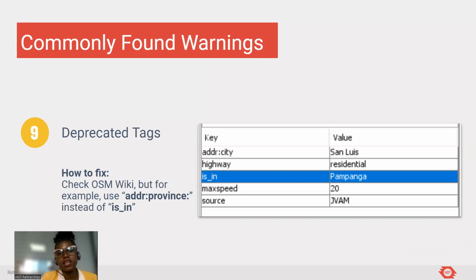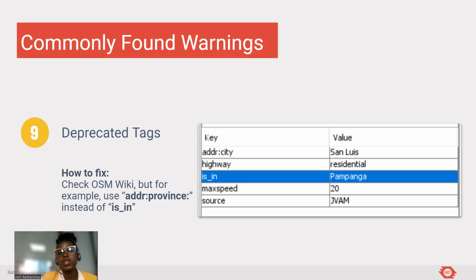What deprecated tag implies is that OSM does not know that tag, or it no longer uses it. For instance, most people doing field work mapping call addresses or provinces is_in, so it will bring up deprecated tags.